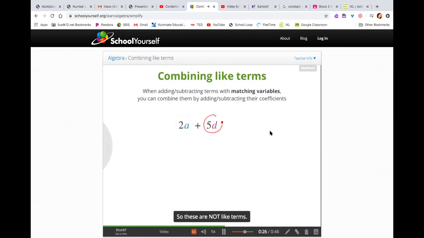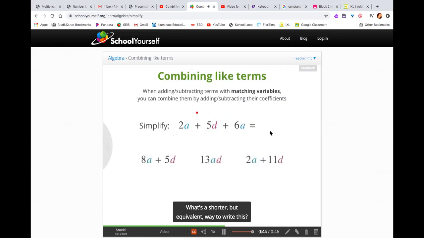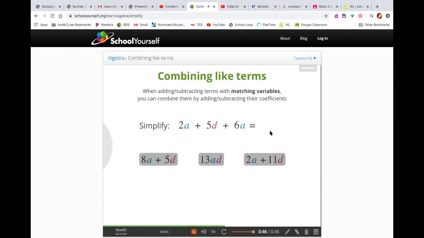So these are not like terms. They have different variables and cannot be combined. Now, what if we were to add 6a to this expression? So now we have 2a plus 5d plus 6a. How can we simplify this expression? What's a shorter but equivalent way to write this?